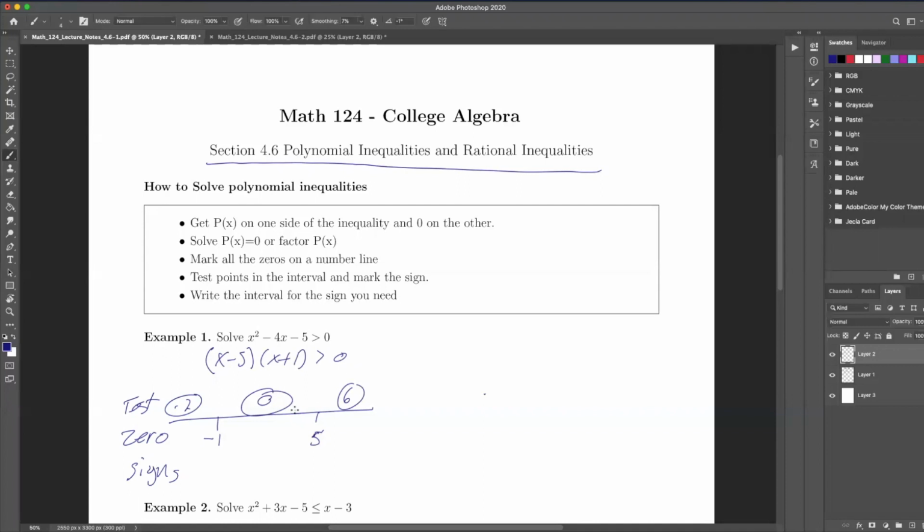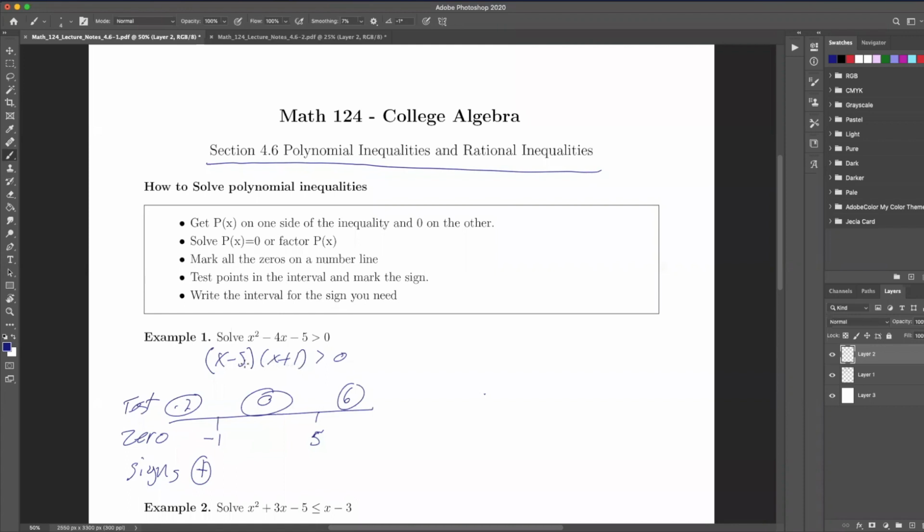So let's put -2 in here. So I'll have -2 minus 5 would be -7 times -2 plus 1 would be -1. So -7 times -1. All I care is the sign. So that is positive because I'll have a negative and a negative. Okay. Here I'll put in a 0. So it'll be -5 times 1.